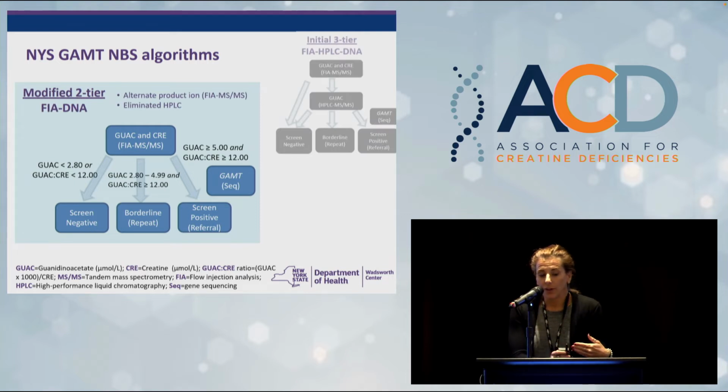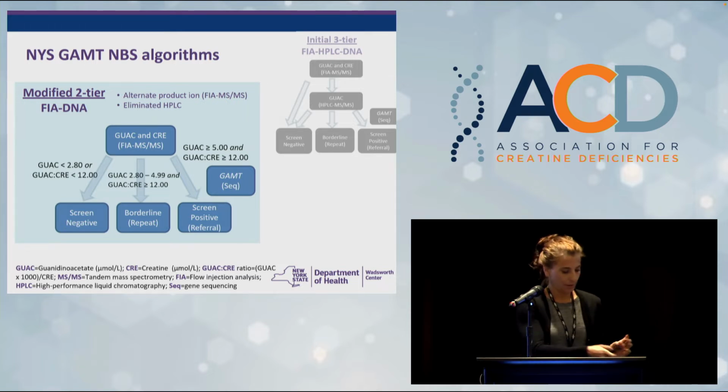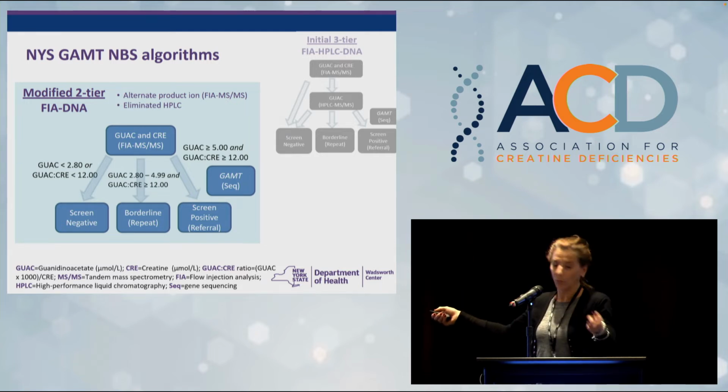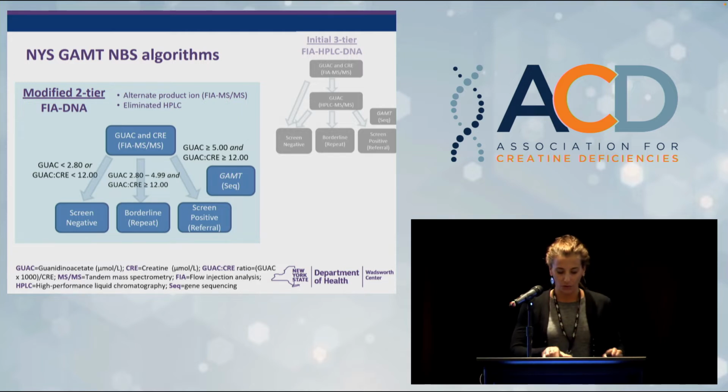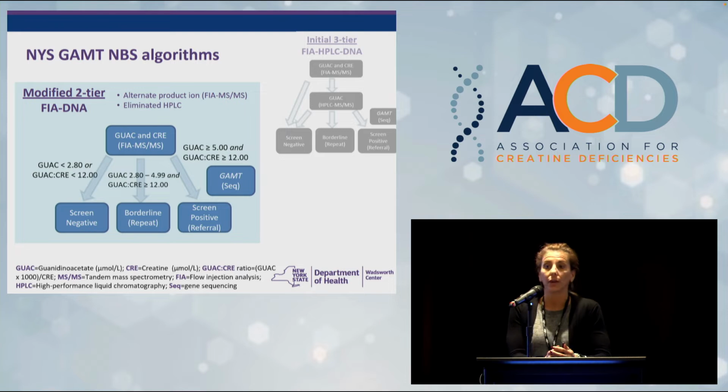So I don't have time to go into all the details, but this is a modified method. We started out using an algorithm that was more similar to Utah and British Columbia, where there's a second tier assay that we used to run using high performance liquid chromatography, HPLC.